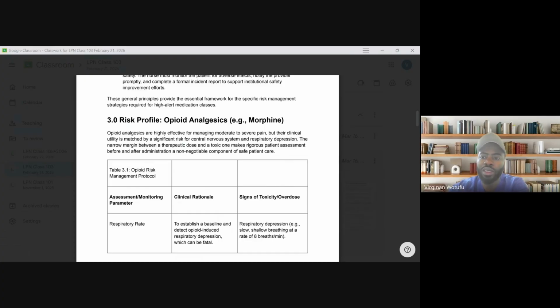Once you exceed that dose, it accumulates in the body and becomes toxic.